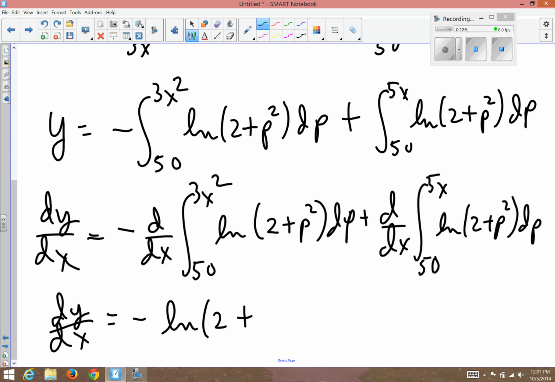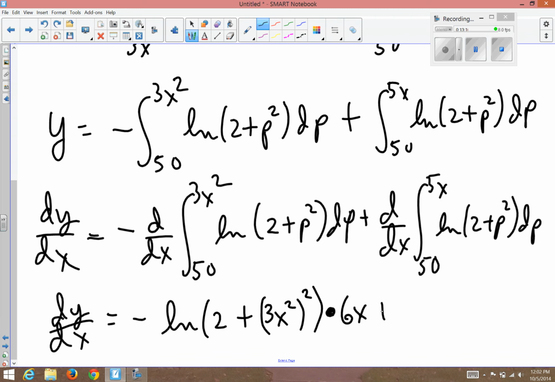In place of t, we put 3x squared. Instead of p squared, it's going to be 3x squared squared. So that's it. The derivative of the antiderivative is just this integrand. Well, not really, because we multiply by 6x, the derivative of this upper limit.